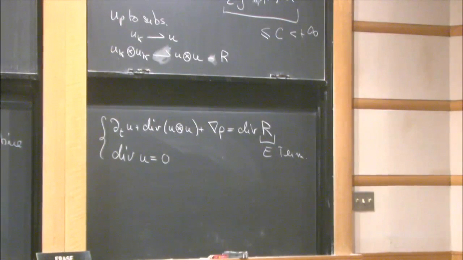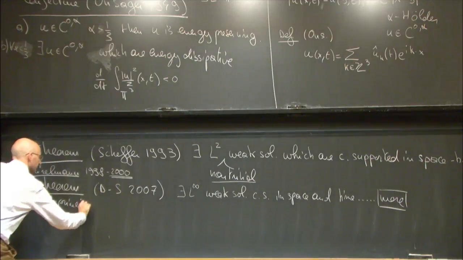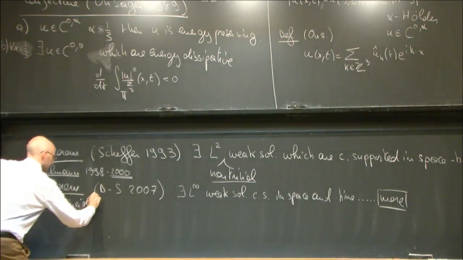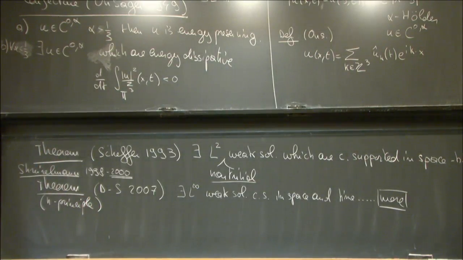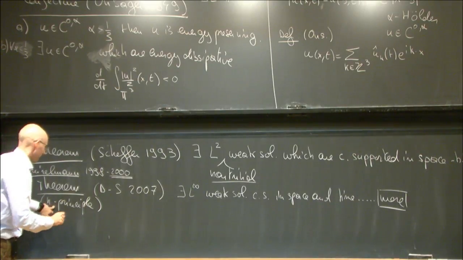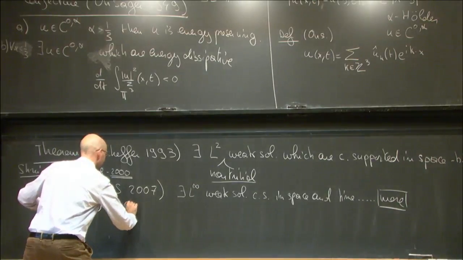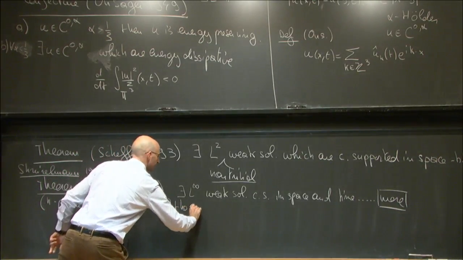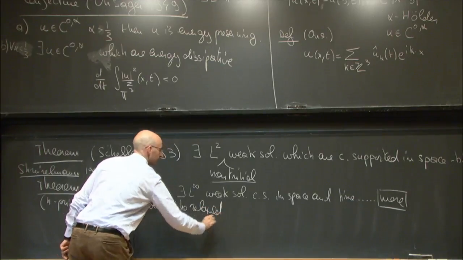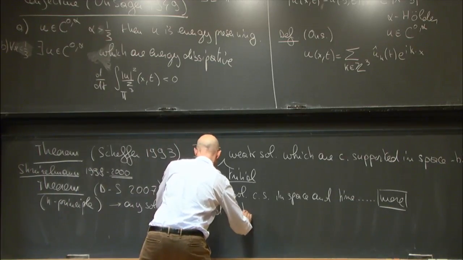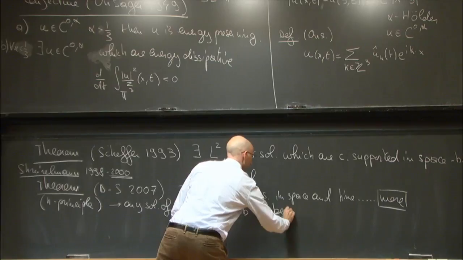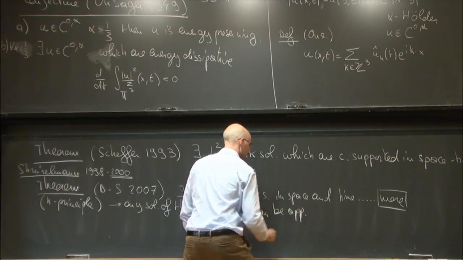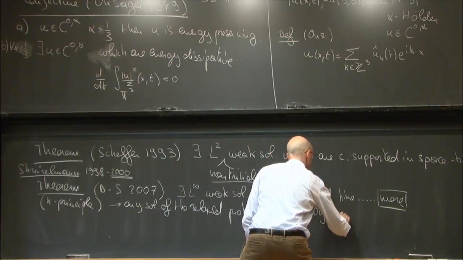an extra statement, which we call an H principle. So the H principle, which is telling you, so any solution of the relaxed problem can be approximated by exact solutions.